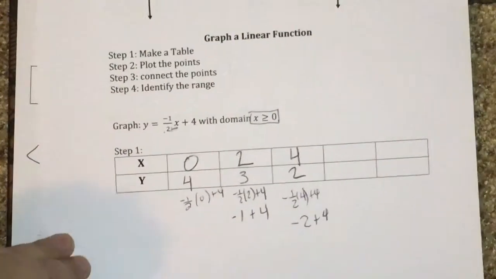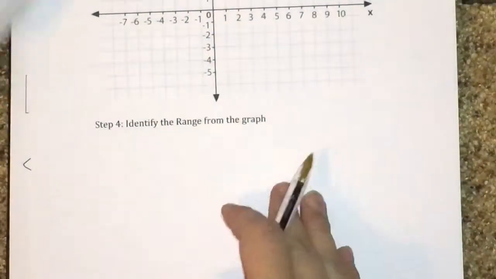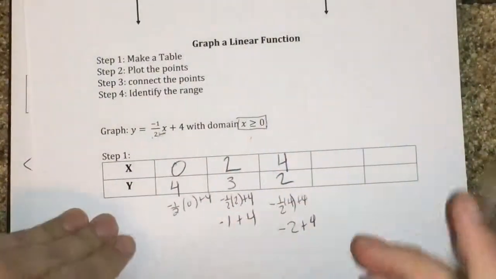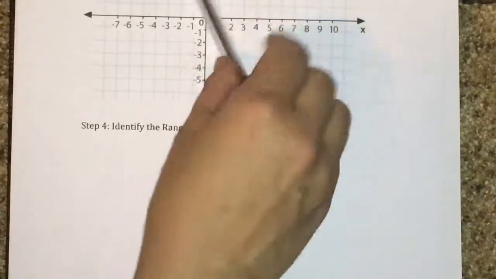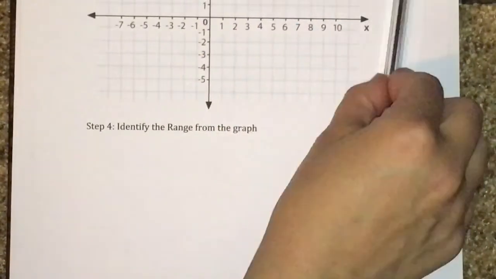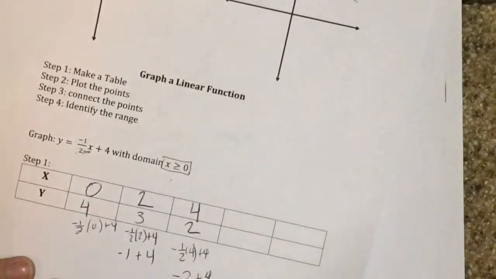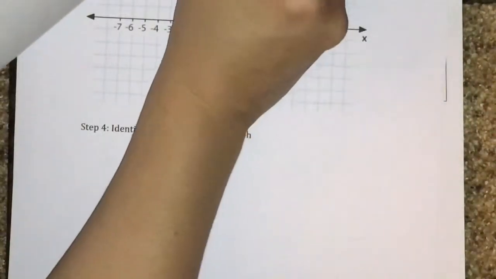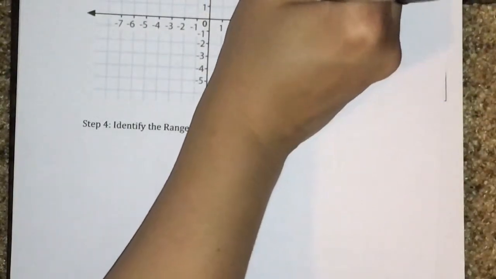So now we are going to graph these points. But remember, x has to be greater than or equal to 0. So it's all going to stay on this side of the graph where x is greater than or equal to 0. So we have 0, 4, 2, 3, and 4, 2.